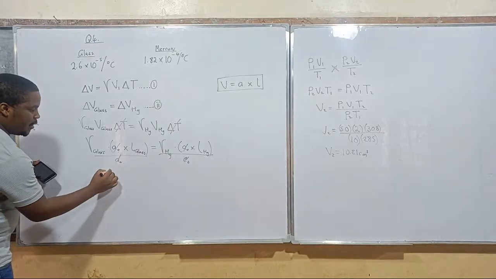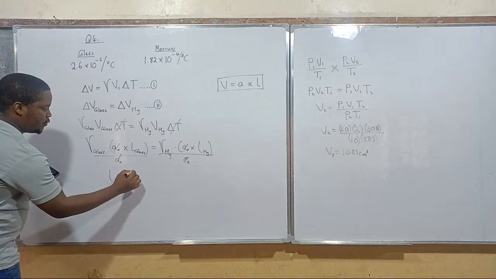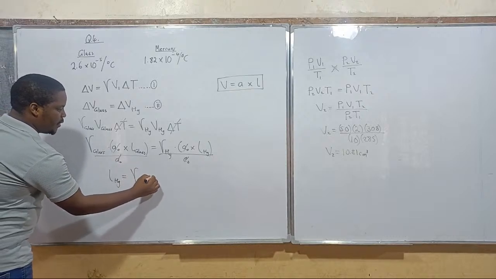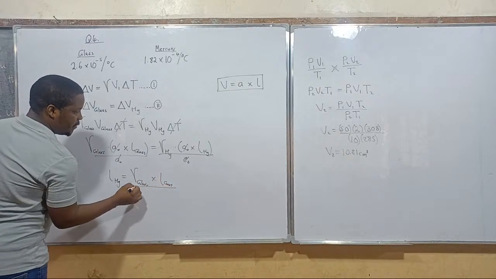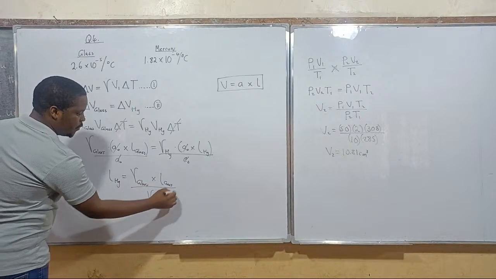So the length of mercury is equal to gamma of the glass multiplied by the length of the glass, divided by gamma of mercury.